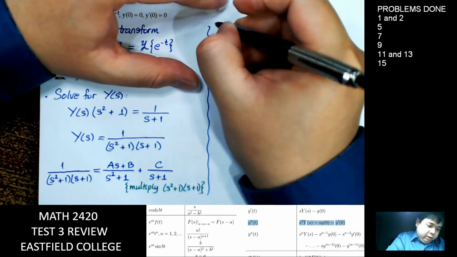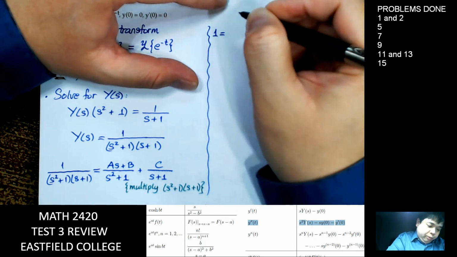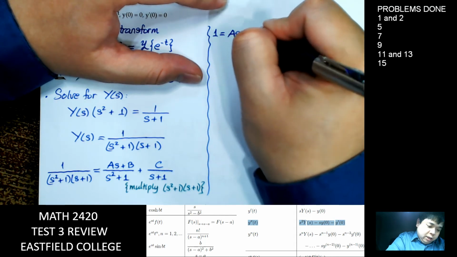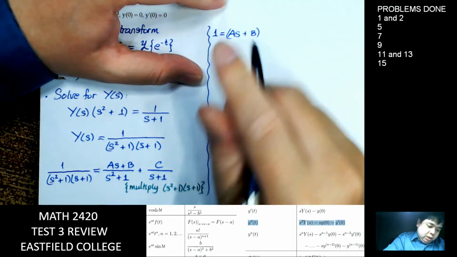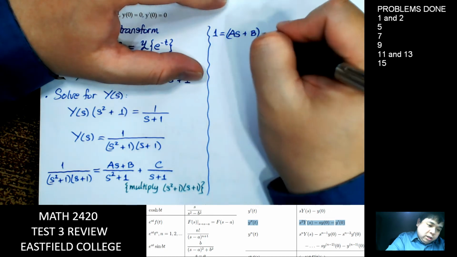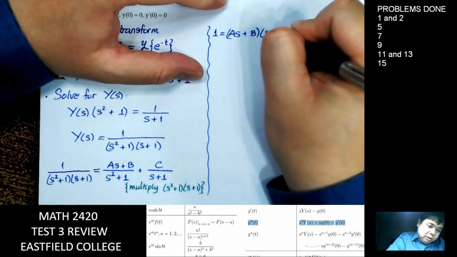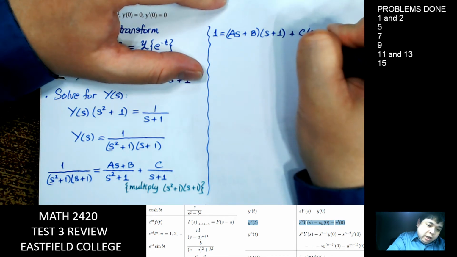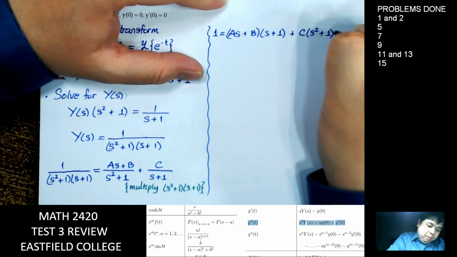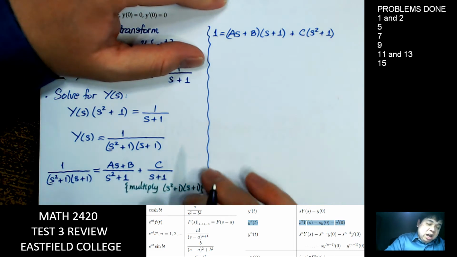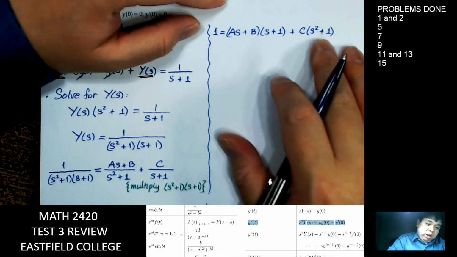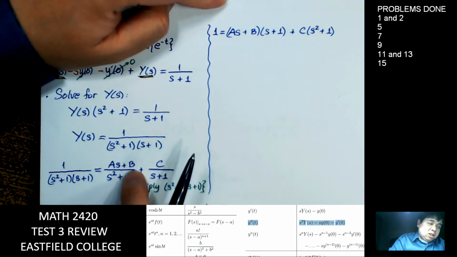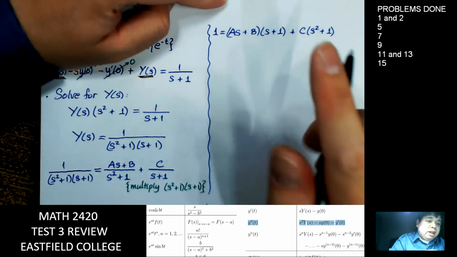So we have 1 equal to (as plus b) times (s plus 1) plus c times (s squared plus 1). Multiply this, the s plus 1 cancels out, and multiply this, the s squared plus 1 cancels out.